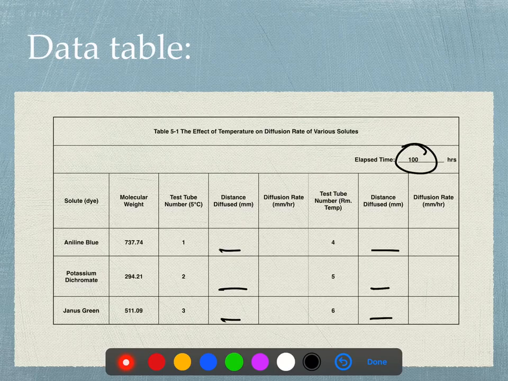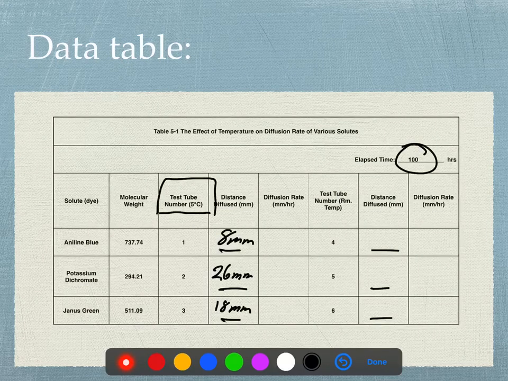So how far did aniline blue travel into the jello when it was sitting at 5 degrees Celsius? Let's write 8 millimeters, whereas potassium dichromate traveled 26 millimeters and Janus green traveled 18 millimeters. Okay, so all of this is at 5 degrees Celsius.